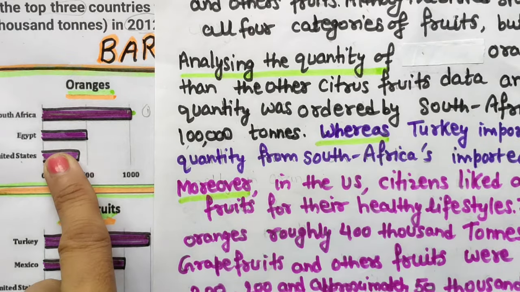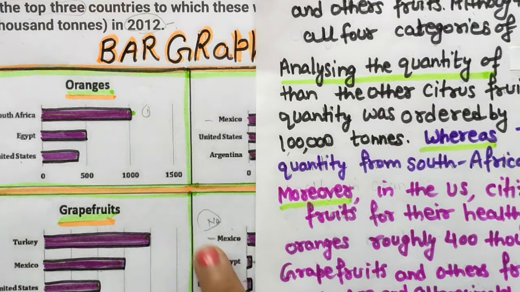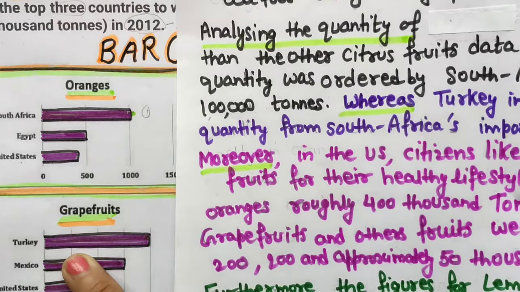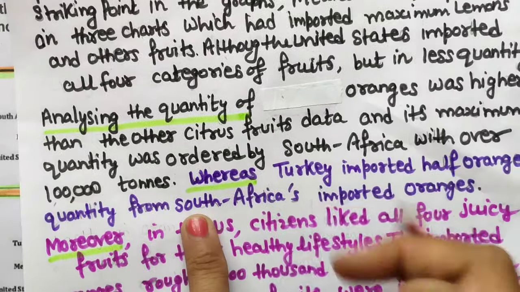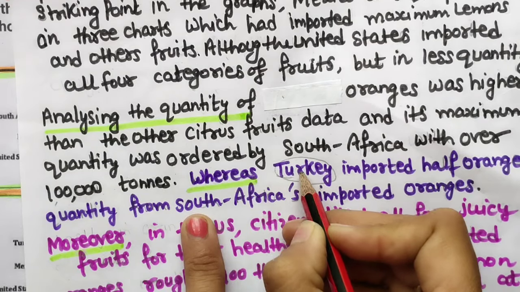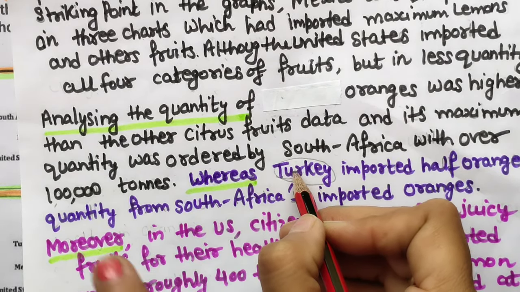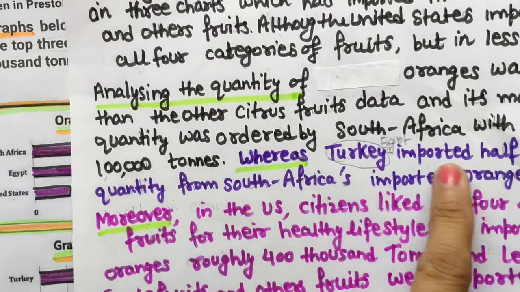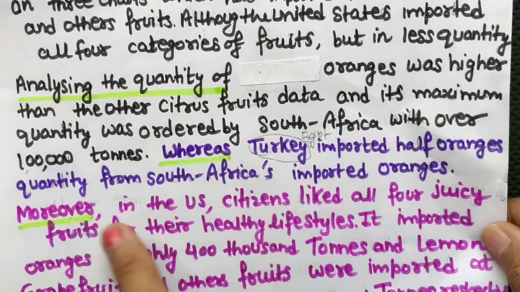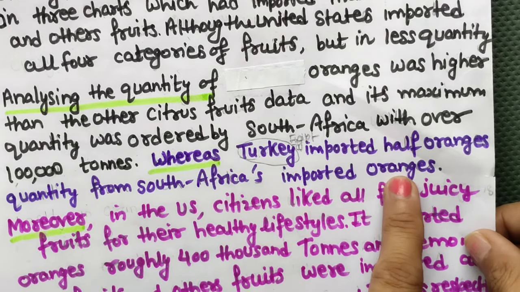Okay, Turkey. No, wait, where is Turkey? Sorry, just a minute. Egypt, this is Egypt, this is not Turkey, sorry. This kind of mistake you can find while rechecking your essay. So I have corrected it. Egypt imported half the orange quantity of South Africa's imported oranges.